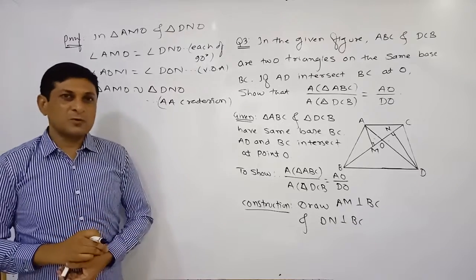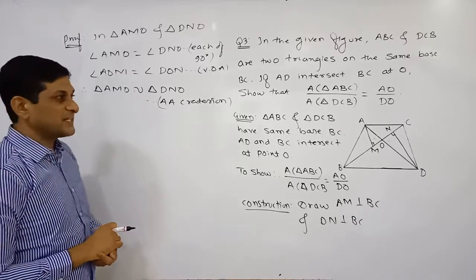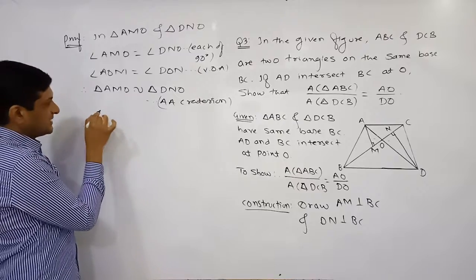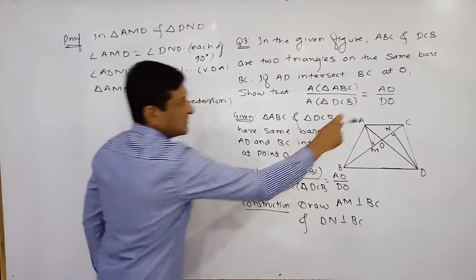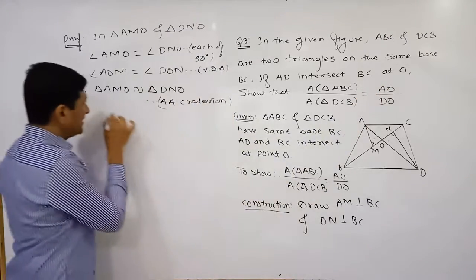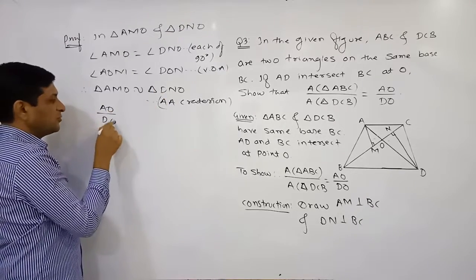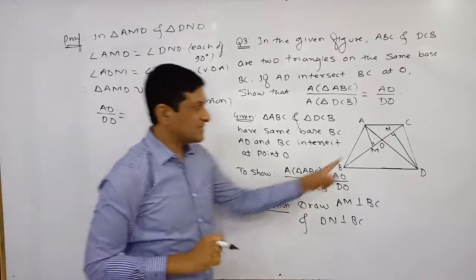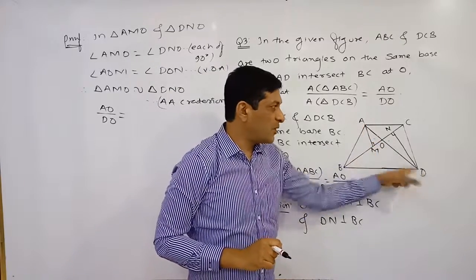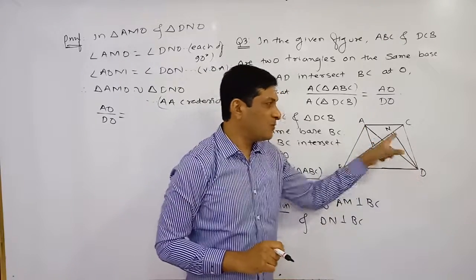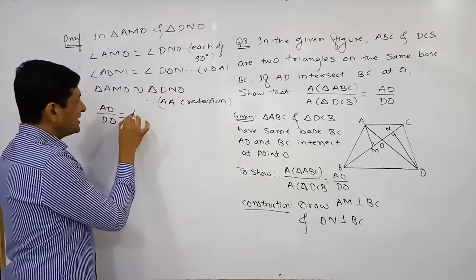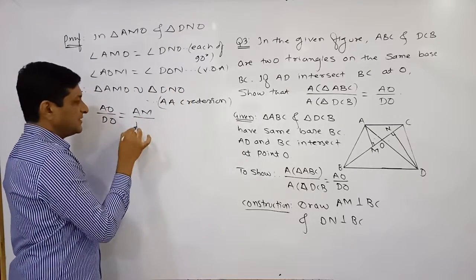We know that if two triangles are similar, then corresponding sides are in proportion. So our required result is AO upon DO. So here also we are considering AO upon DO, which will be equal to, since the triangles are similar, AM upon DN.